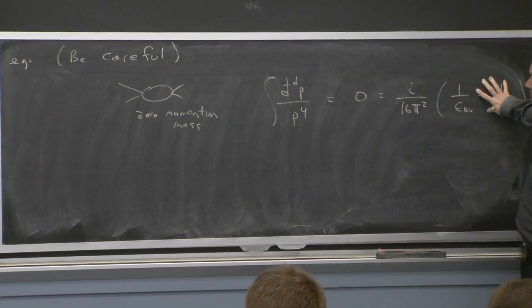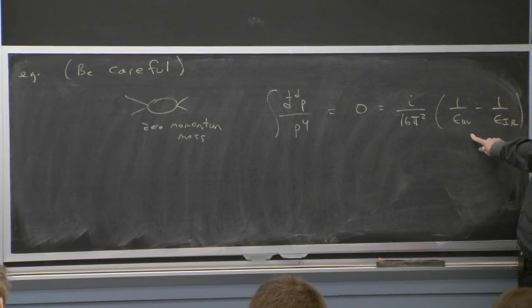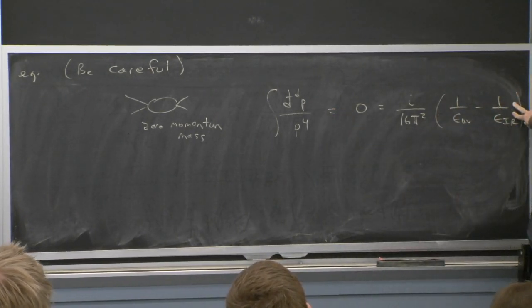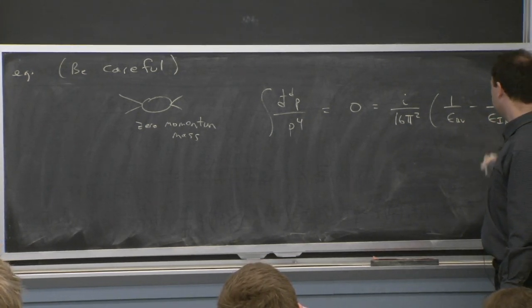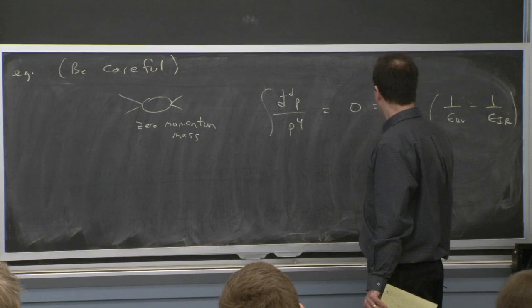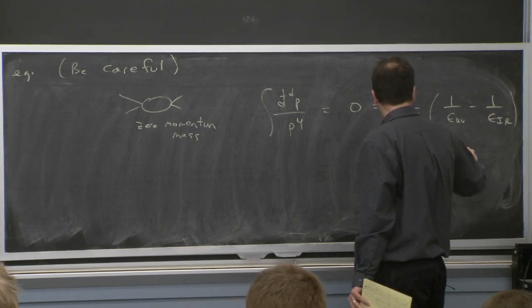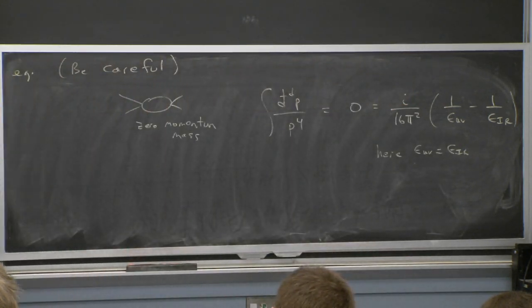If I only used epsilon to regulate ultraviolet divergences, I'd get a 1 over epsilon UV. But in this integral, I'm actually using it to do both. It's regulating an infrared divergence as well, and it just comes in with the opposite sign. And since epsilon UV is equal to epsilon IR, they're just notation to signify what region of physics is giving the divergence. You get 0.